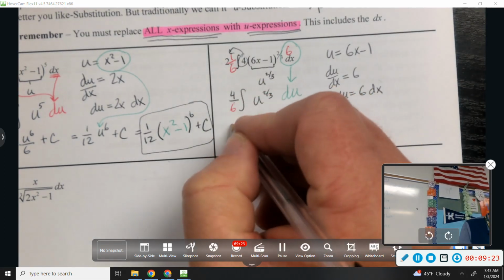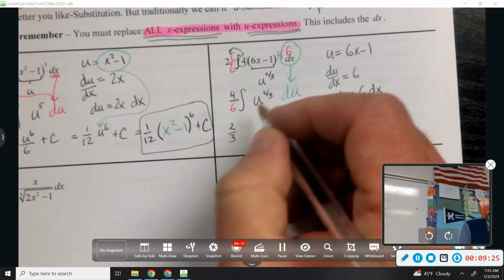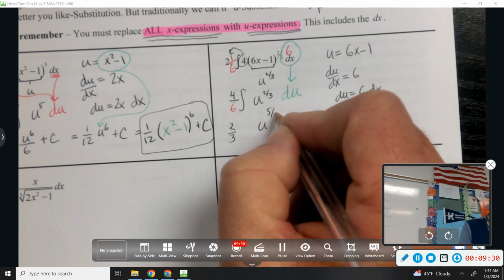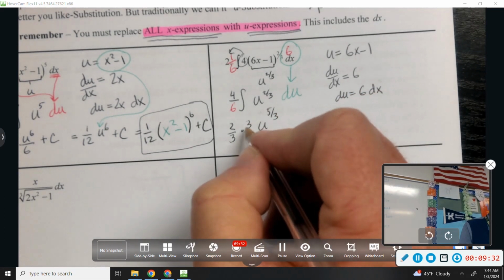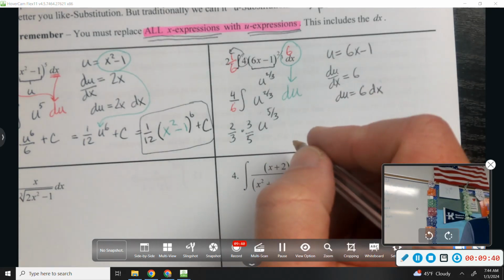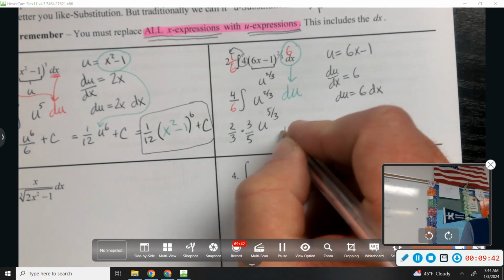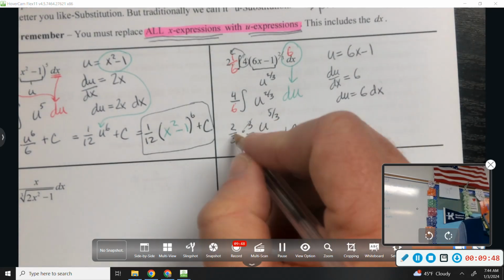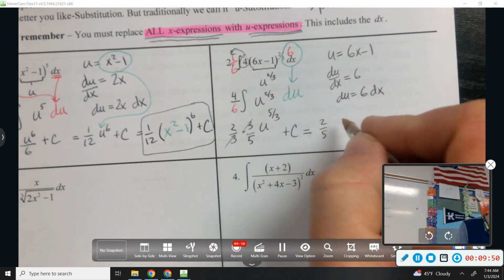Let's see, simplify 4/6 down to 2/3. So 2/3 plus 1 would be 5/3 times 3/5. Plus c. And then we've done all the hard work. Let's see, the 3's will cancel, so 2/5.